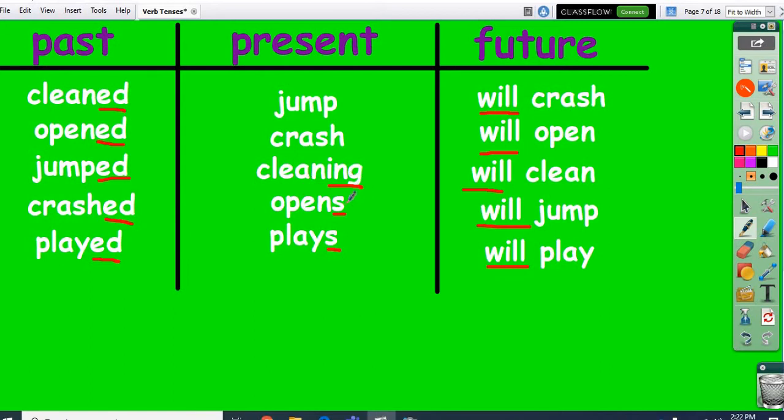You have to say opens instead of open, just to make it agree. We've talked about that before too, how sometimes you have to put an s and sometimes you don't. So present tense, they don't change too much, except sometimes you can put ing or sometimes you might need to add an s.